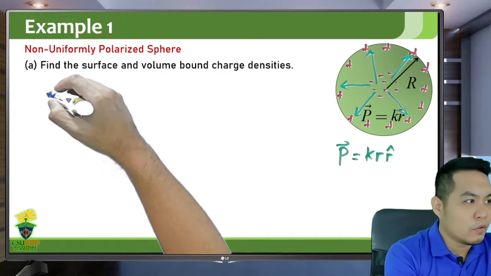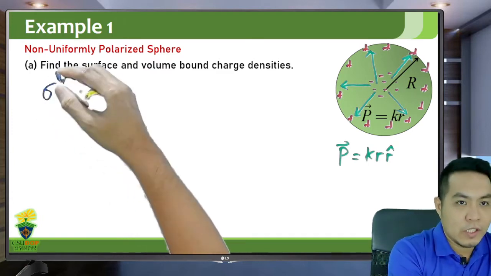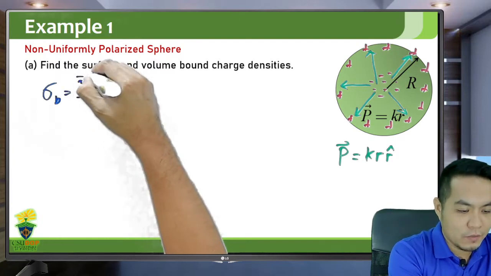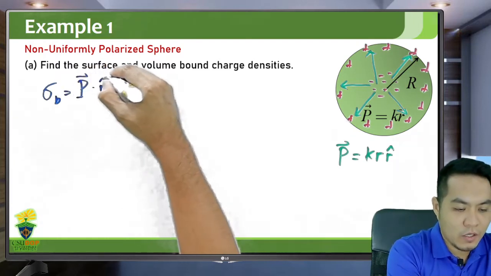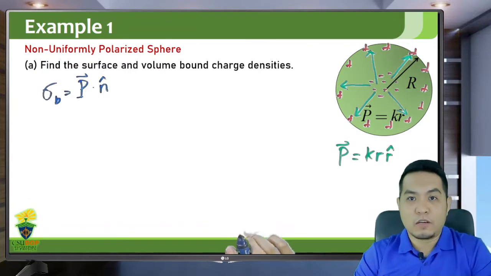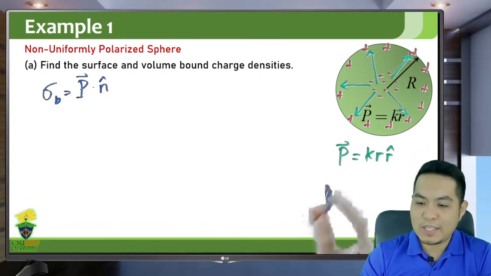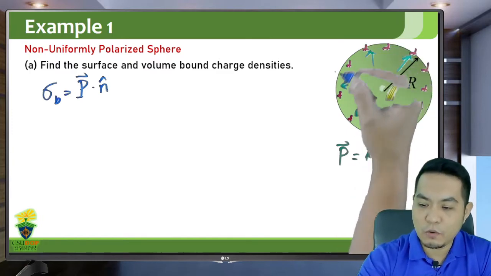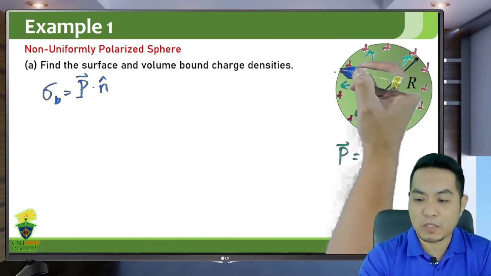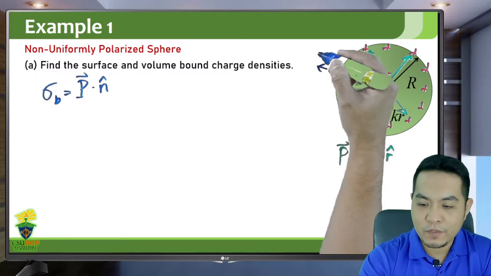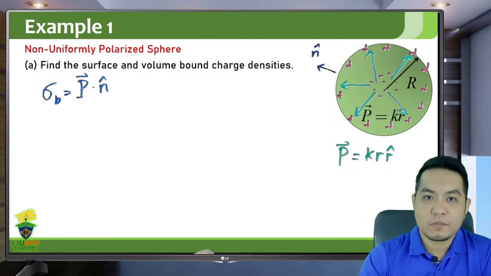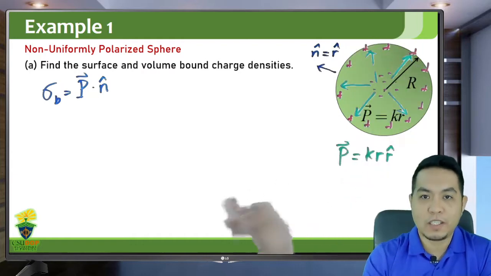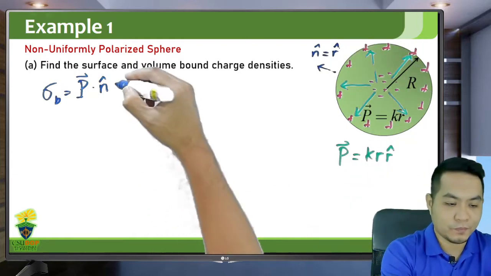So the surface bound charge density is just the polarization dotted with n hat, the unit vector normal to the surface. In this case, since we only have one surface, r equal to capital R, n hat is the r hat direction.